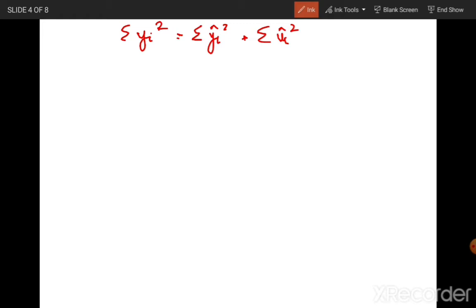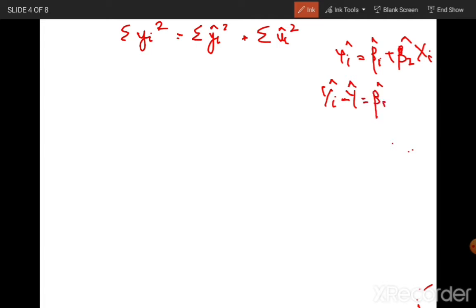Now if you remember, the estimated yi is beta 1 hat plus beta 2 hat xi. So if I am subtracting the mean value, beta 1 hat plus beta 2 hat xi minus y bar.